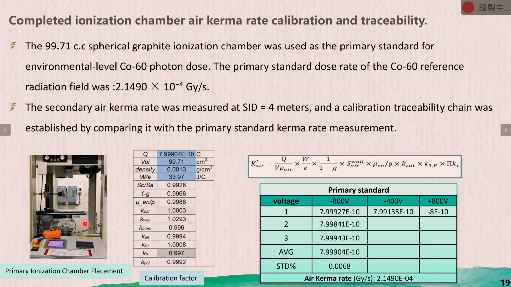We use this primary standard dose rate of the radiation field, and we calculate it with this formula. The calibration factor here is used to calculate the standard dose rate of the radiation field. Because this chamber is smaller than our ionization chamber, if we want to calibrate our ionization chamber, we have to put it at an SID of about 4 meters. So it is a little bit difficult.